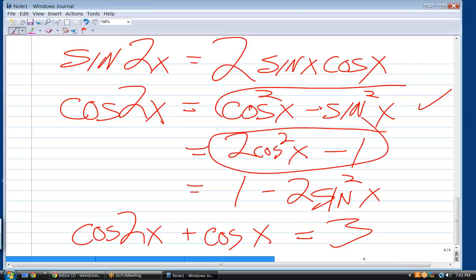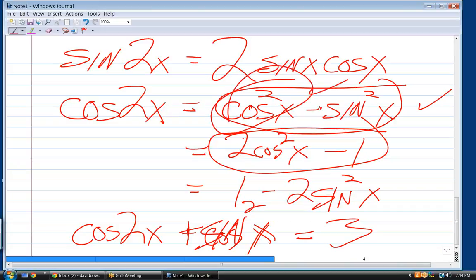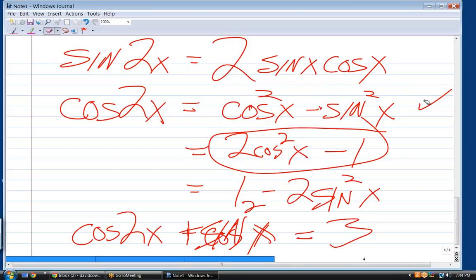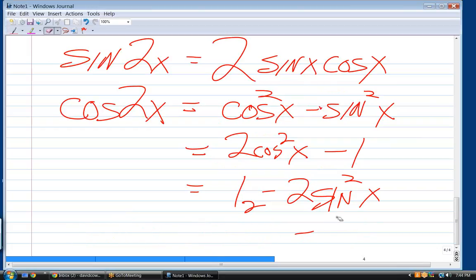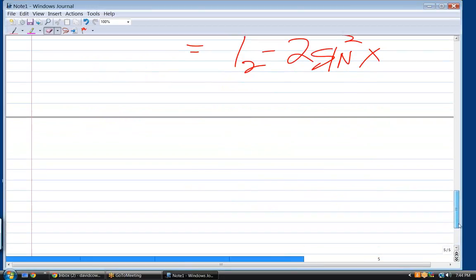And there are some situations where you'd want to use that. In other words, if I had cosine of 2x plus sine squared of x, well, now if I use this one, the sine squareds disappear and I'm left with just cosine squared of x. So which one you use depends on what application you're trying to do with that identity. Okay. Tangent of 2x.